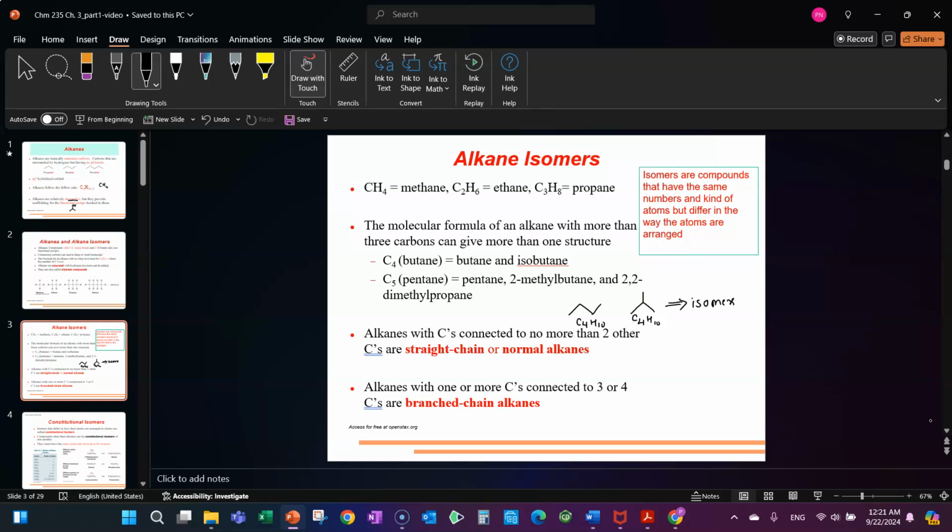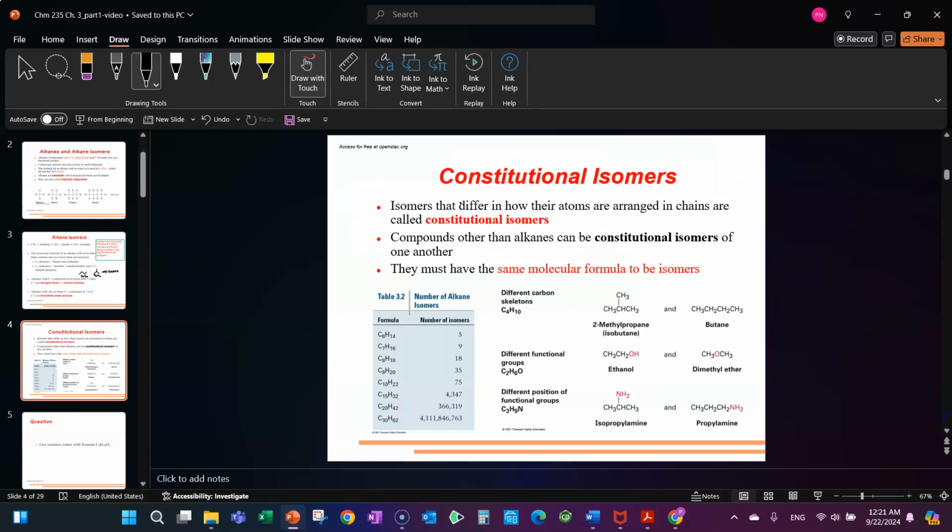Now, this type of isomerism is called constitutional isomerism, where the isomers differ in how their atoms are arranged in chains, or sometimes they may have different functional groups, or they may differ in the position of the functional groups. So there are three types of constitutional isomers.